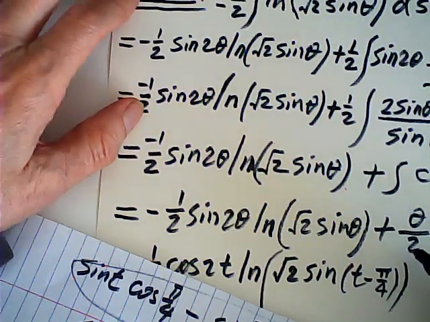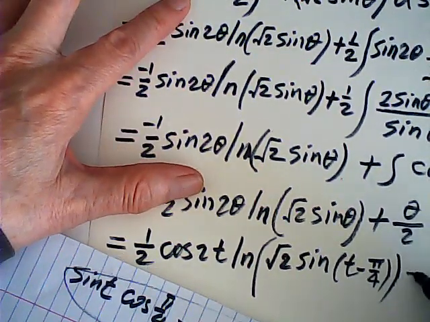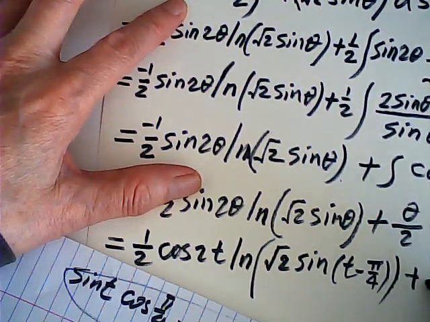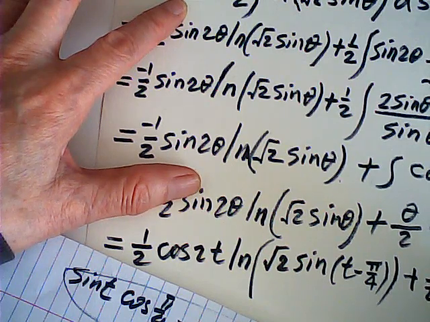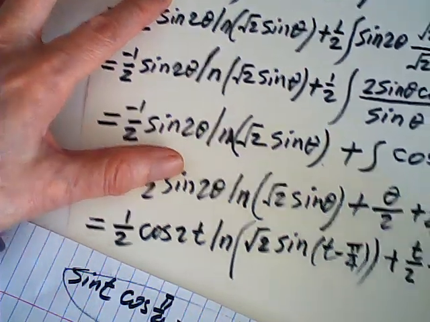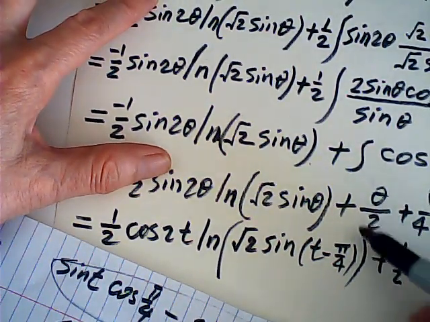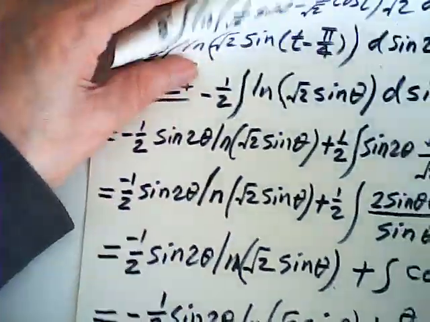Or we can simply use the direct substitution. Half theta is half t minus pi over 8, right? That is for half theta. Theta is this.